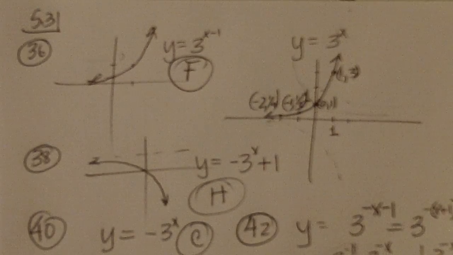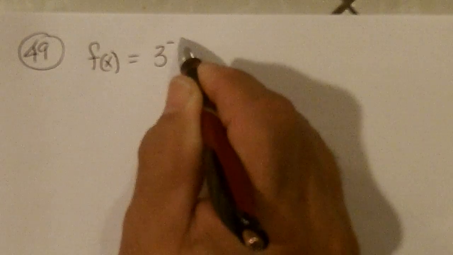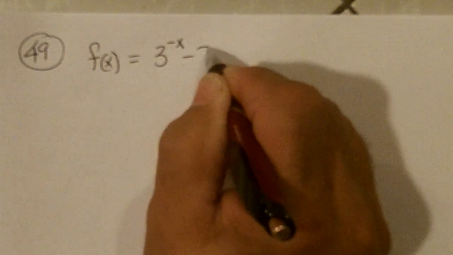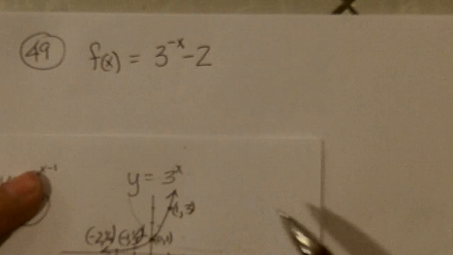All right, 49. 49 says we have f of x equals 3 to the minus x minus 2. And we're supposed to use the transformation. So we've got this same 3 to the x parent function.